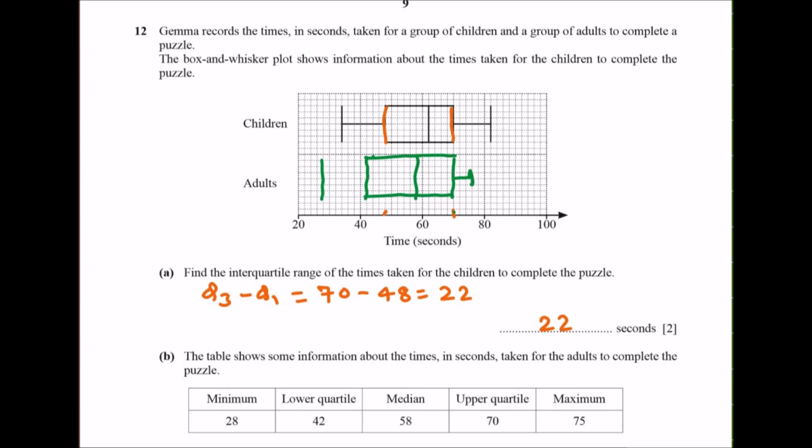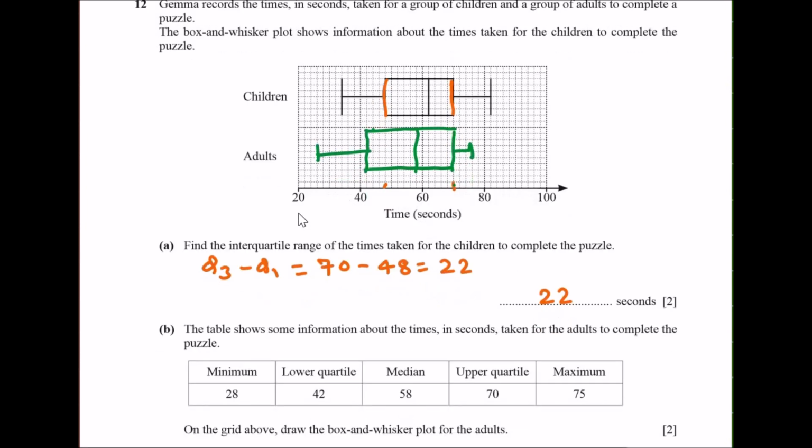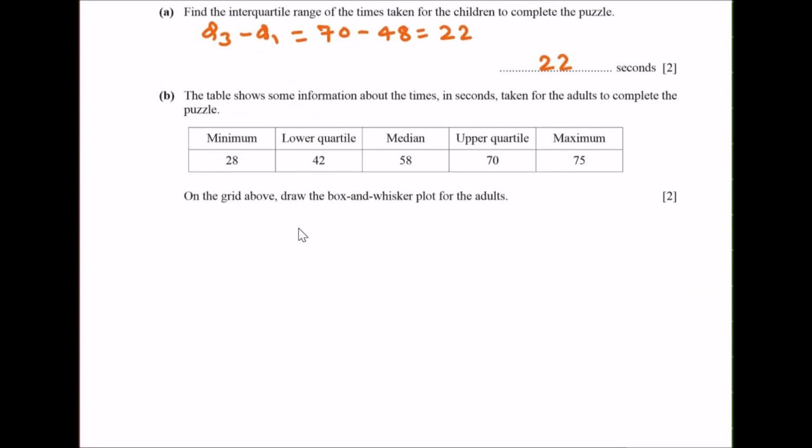Let me make this line shorter. That was 28, fourth line. We will join this whisker. So this is how we need to draw the box and whisker plot. I hope this is clear to you. Let's go to the next part.